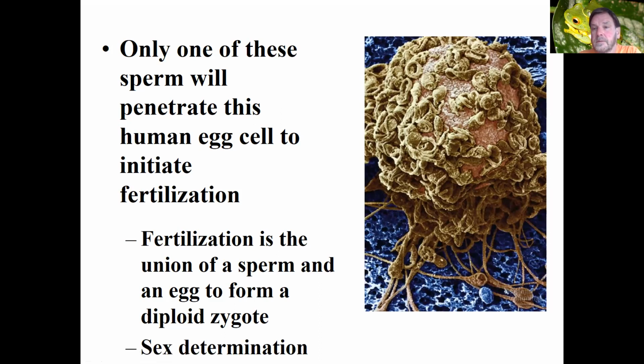And of course, the male has X or Y sperm. Females have XX. So if a male sperm is an X, it will fertilize an egg and produce a female. If the sperm has a Y chromosome, it will make a male.